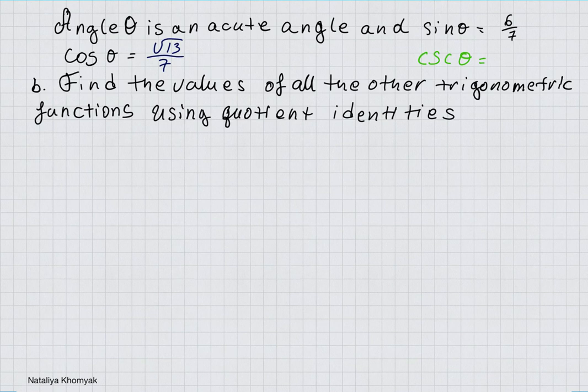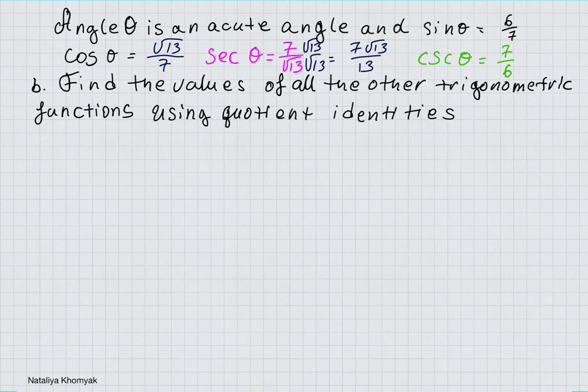It's the reciprocal of this fraction, which would be 7 out of 6. And the reciprocal of cosine would be secant of theta. We flip the fraction and get 7 out of radical 13. So we just need to rationalize it. Radical 13 out of radical 13. And we get secant of theta is equal to 7 radical 13 out of 13.